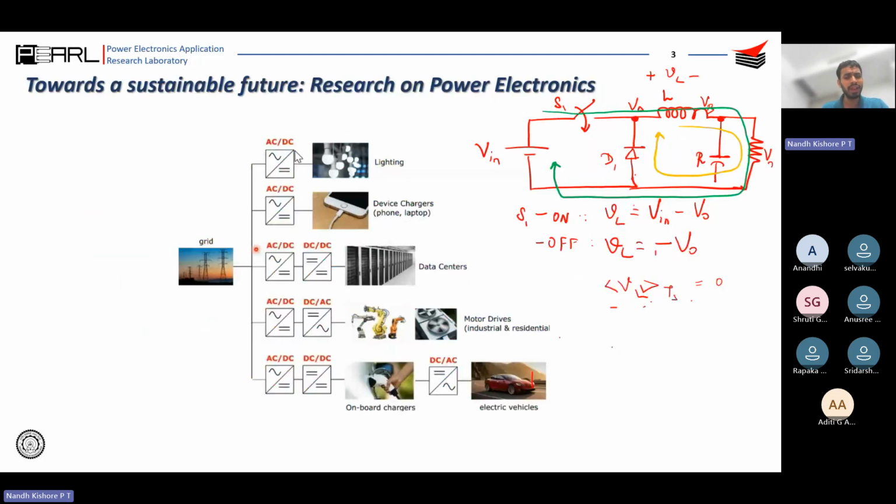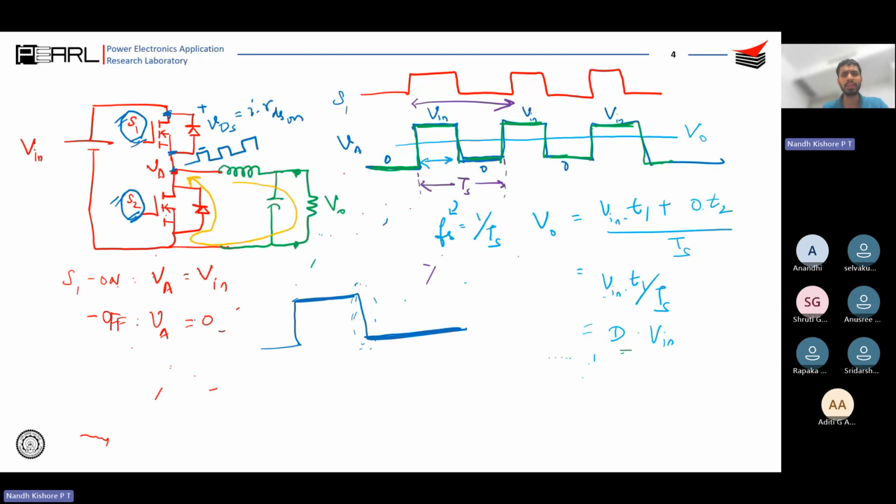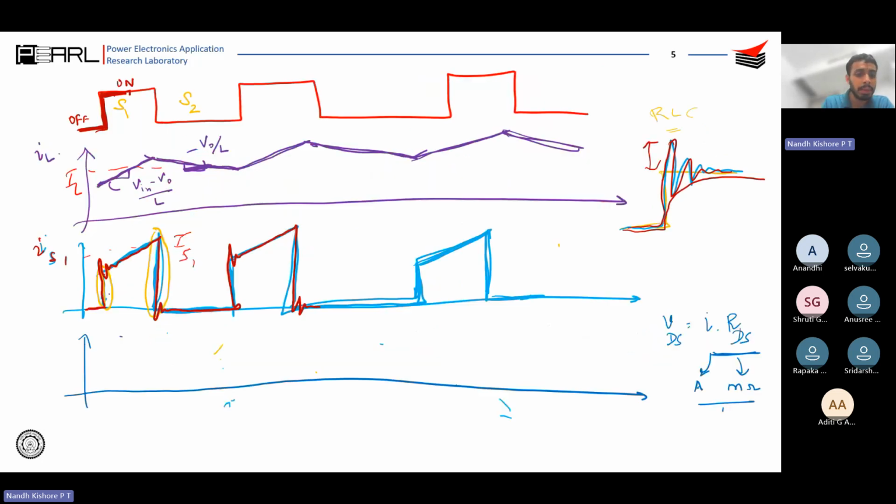Let's say Vin is around 400 volts or something like that. It may be any number, depending on your application. But you understand that when it was on, it was blocking a few volts, and when it was off, it will be blocking 400 volts. And it is something like this. It will be blocking 400, then voltage is zero, then blocking 400, then it falls, and so on.